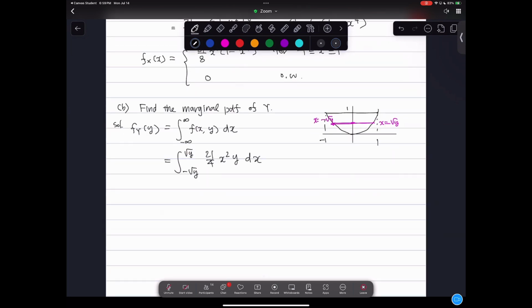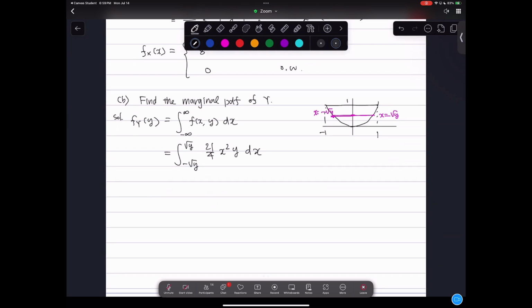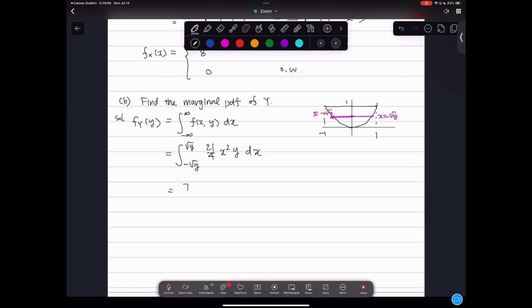So the rest is on you. You can do your work. So when you do the work, you will end up with 7 over 2 y squared square root of y.